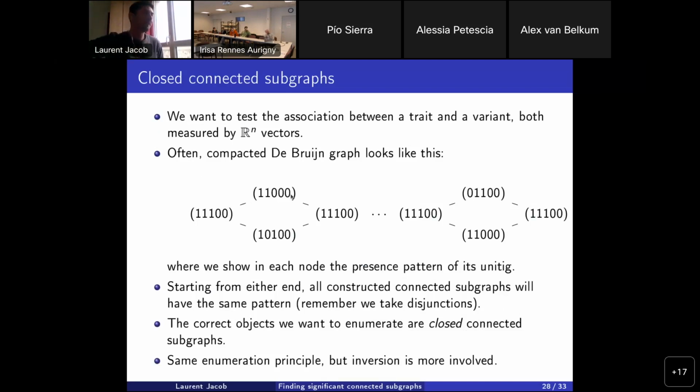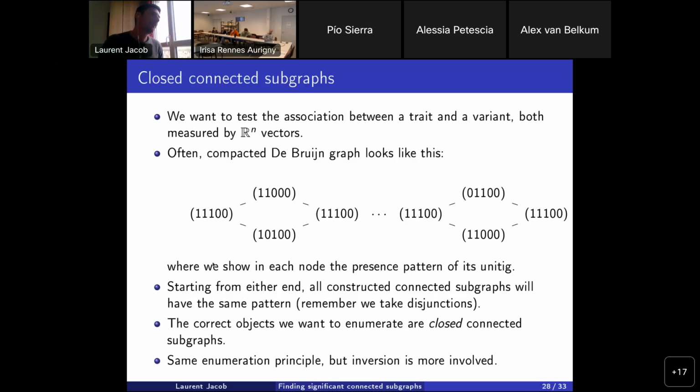There was lots of small bubbles because maybe all the first 3 samples here have the gene, but some of them will have a different version. So this unitig here will only be in the first 2, and the third one will have a different version here. Okay, so you'll have lots of small bubbles like this.